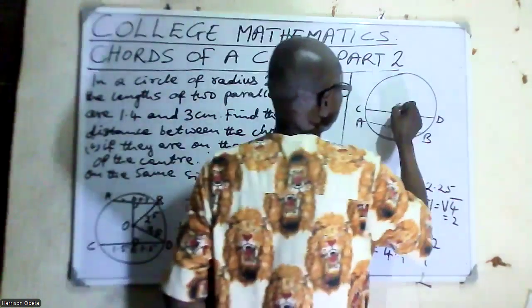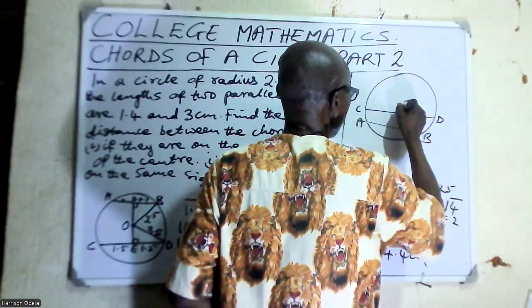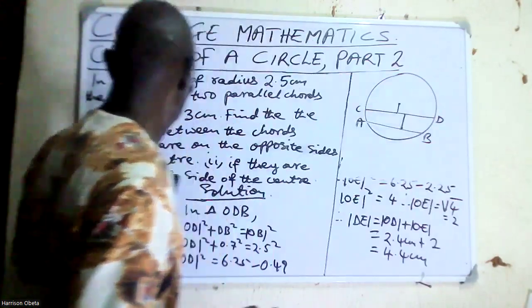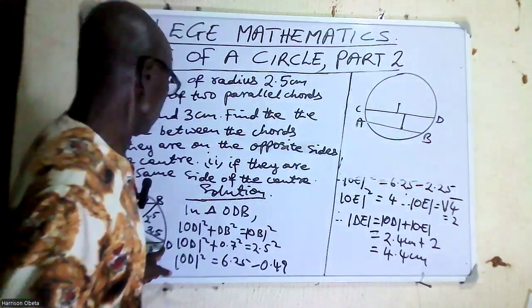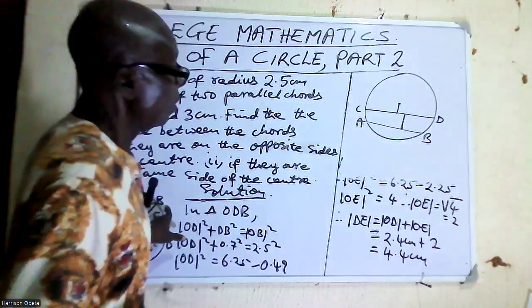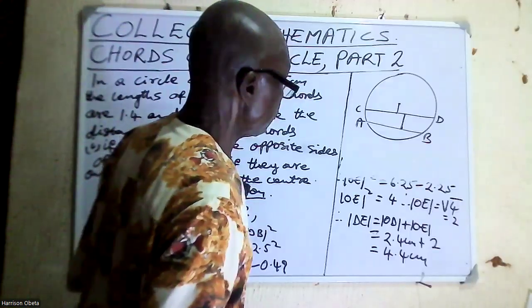Remember that the distance of the longer one from the center is 2, while the distance of the shorter one is 2.4.